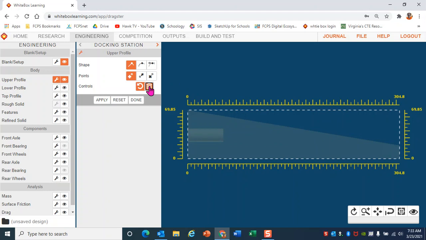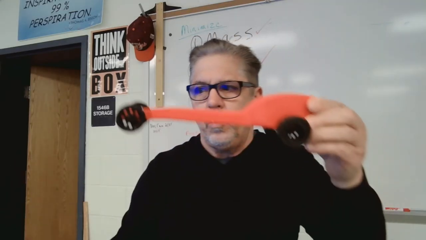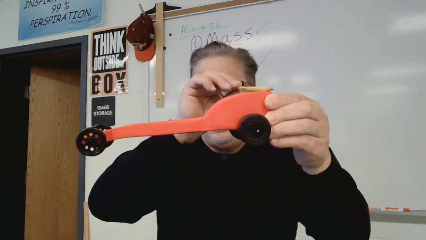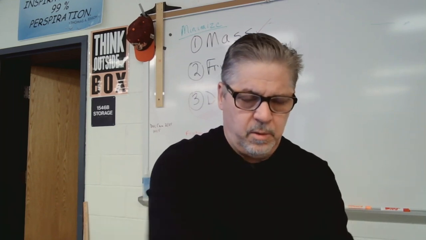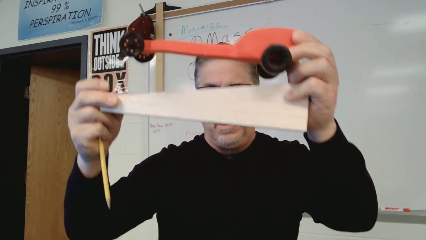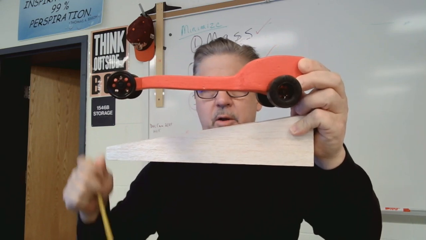Okay, so what do we mean by upper profile, lower profile, and top profile? Well, what we mean is when we're looking at this car, for example, this is a finished car. And we compare it to the raw blank, obviously they look a lot different.